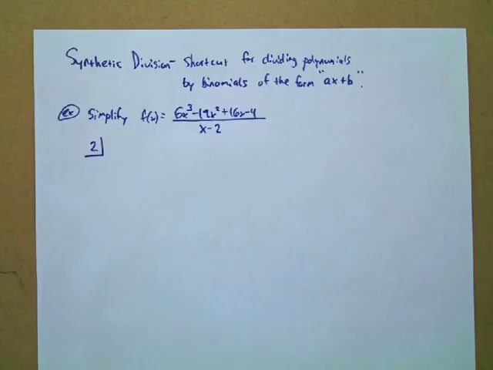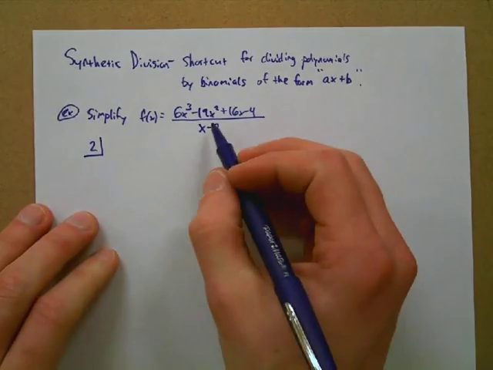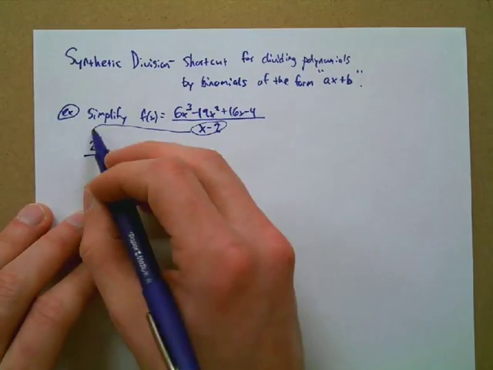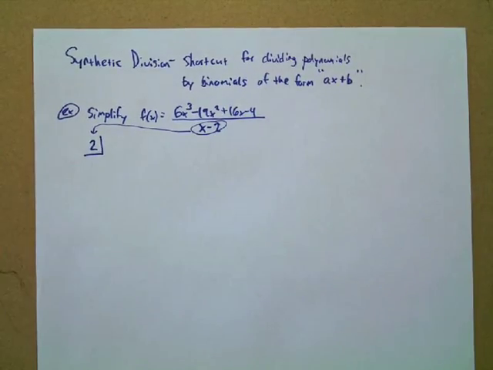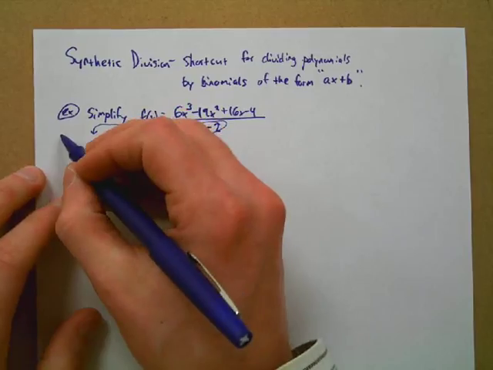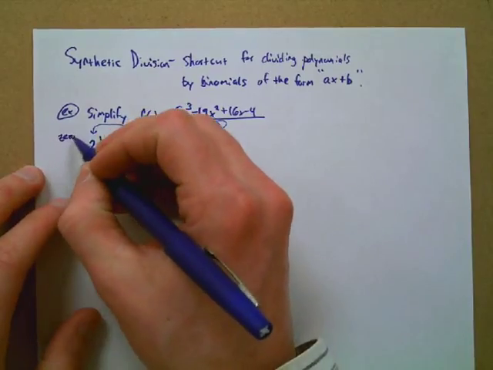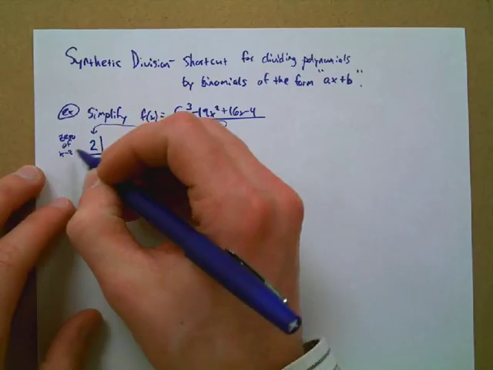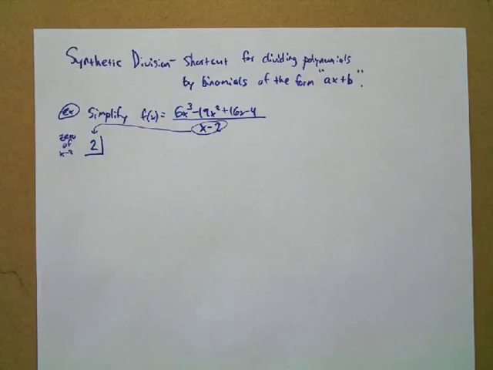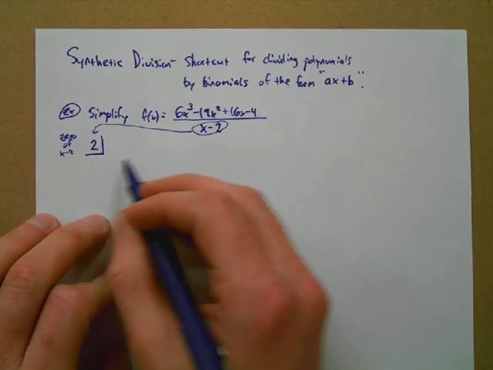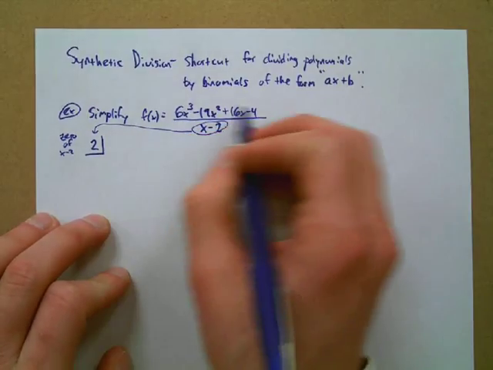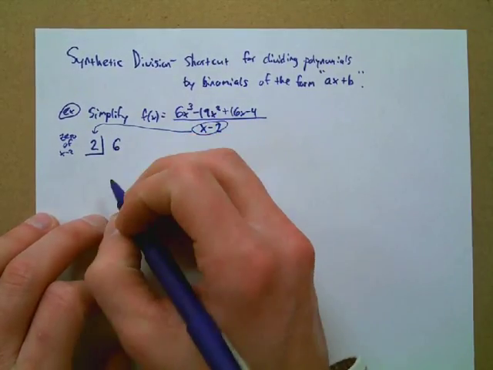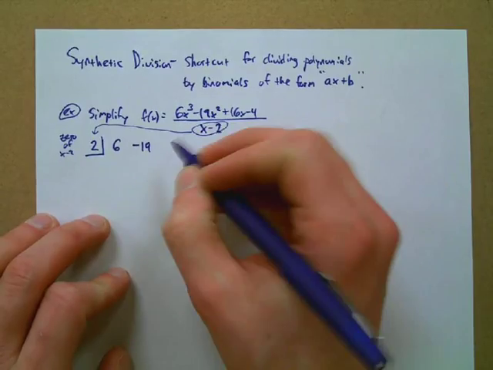And then all up in here are the coefficients of the thing that we're dividing. So 6, negative 19, 16, and negative 4. It's obviously important that they're in order, in order of degree.